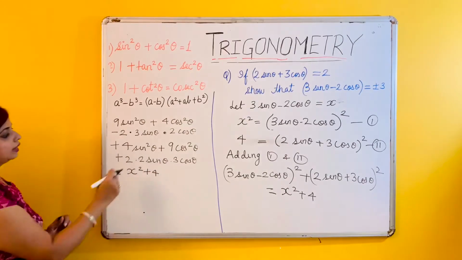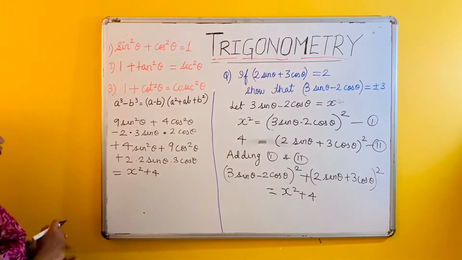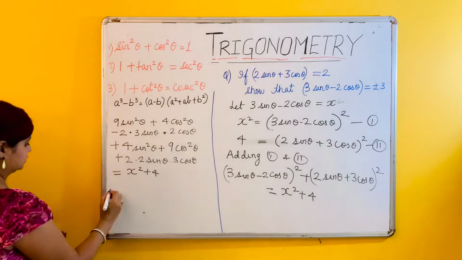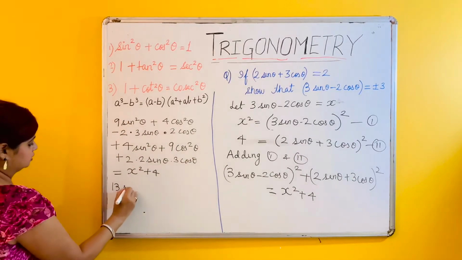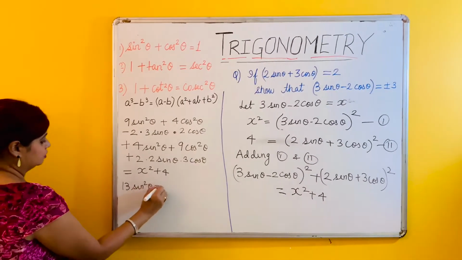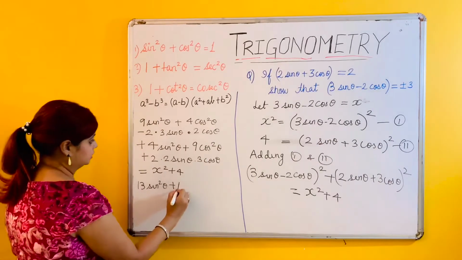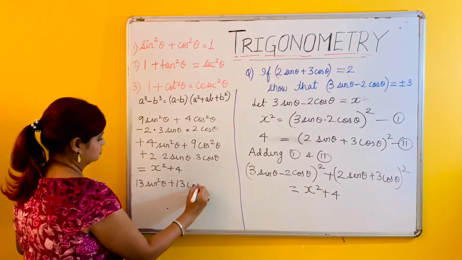Now first let's simplify this. 9 sin square theta plus 4 sin square theta is nothing but 13 sin square theta. And 4 cos square theta plus 9 cos square theta is 13 cos square theta.